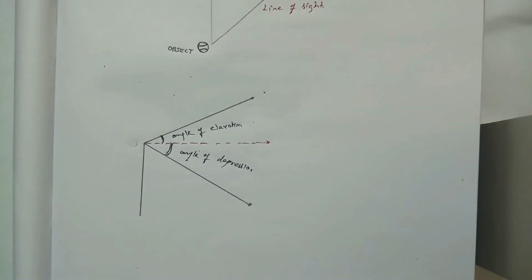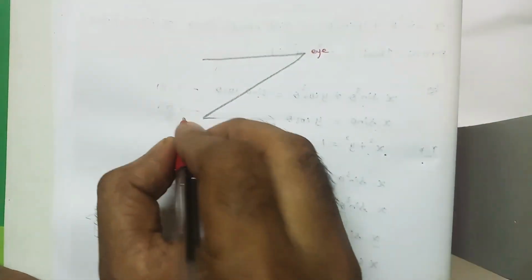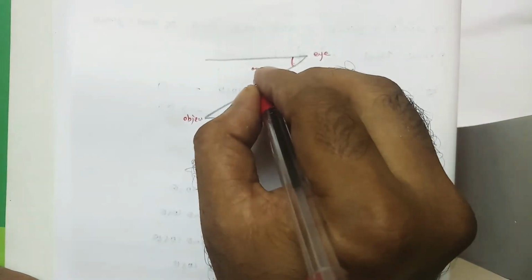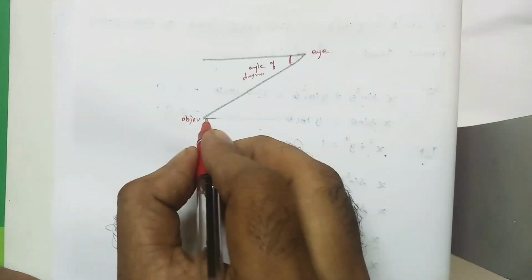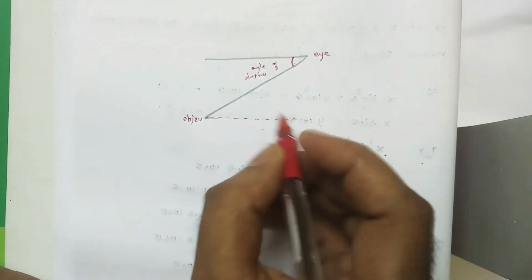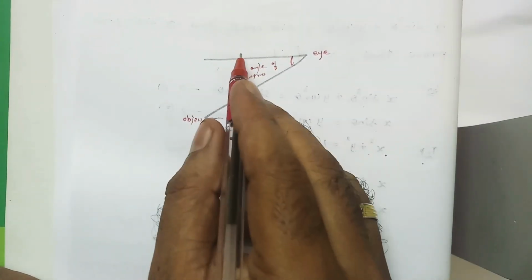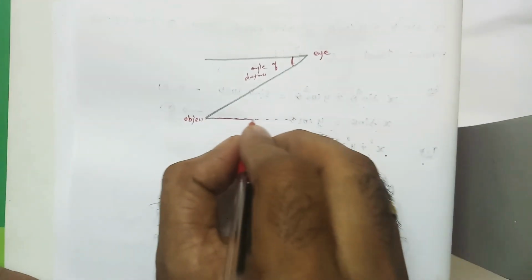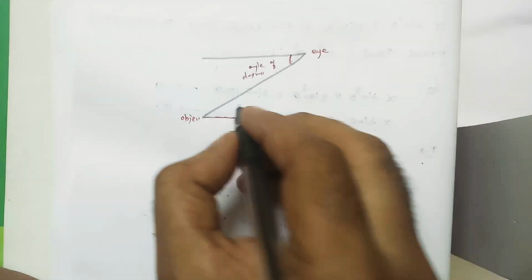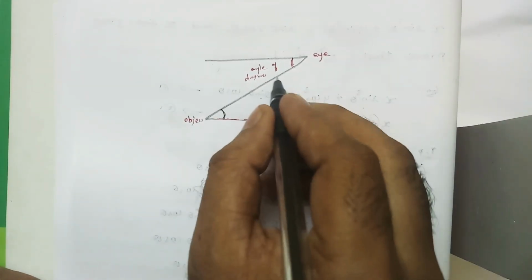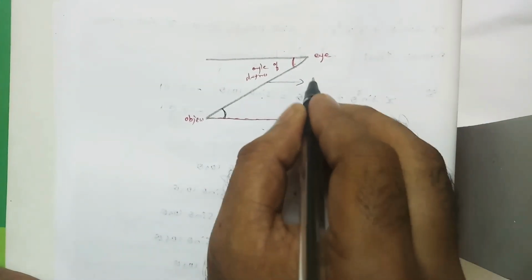And one more example. This is the eye, and this is the object, with the line of sight and the horizontal line, and the angle of depression. When we draw a horizontal line parallel to the horizontal line, this line is called a transversal.